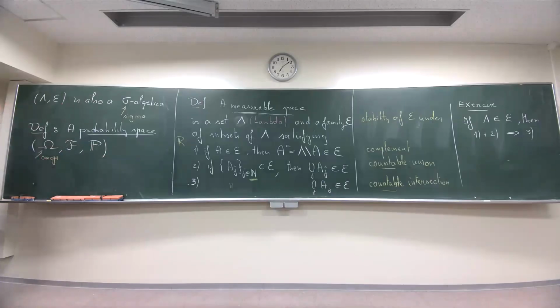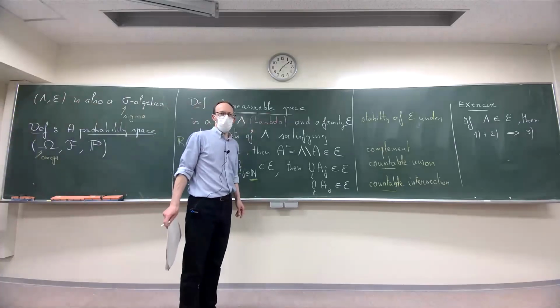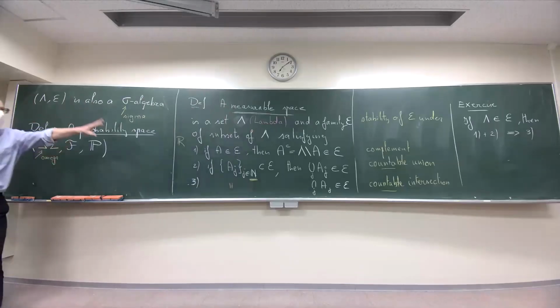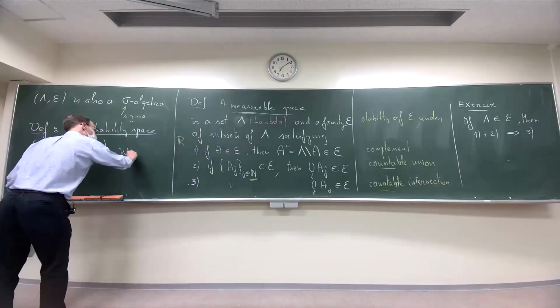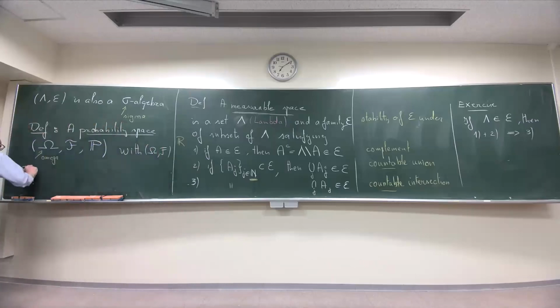We already know the first 2 ingredients. The first 2 ingredients form a measurable space. So this is a set, and this is a family of subsets. I took this part outside of the definition because I can use it for different purposes. So these 2 things are exactly what I have introduced there. So a probability space is 3 things, with this capital omega and F a measurable space.